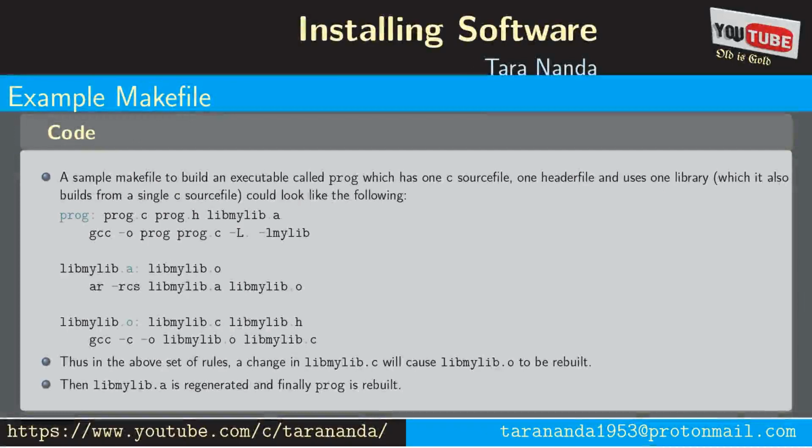In this sample file, there are three targets: prog, libmylib.a, and libmylib.o. For the first target, the dependencies are the C file prog.c, the header file prog.h, and the library file libmylib.a.